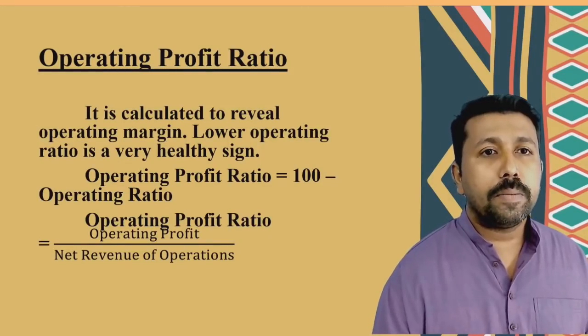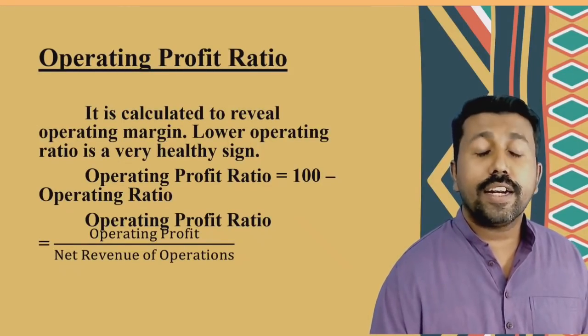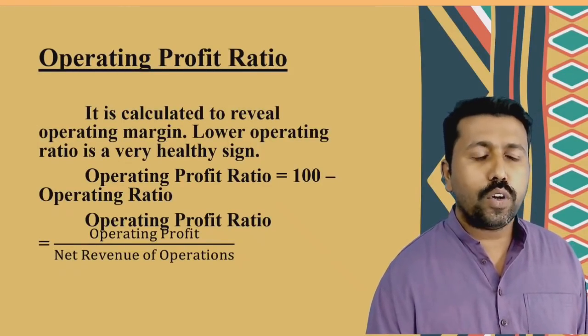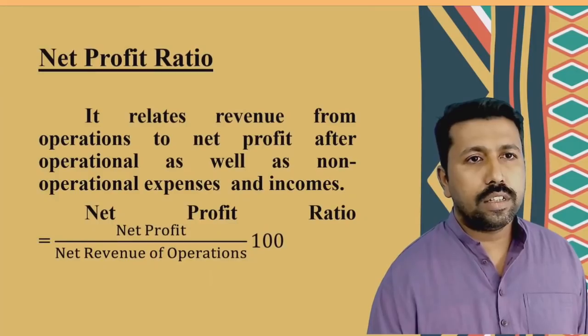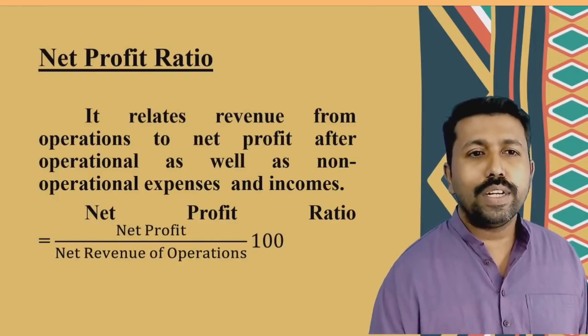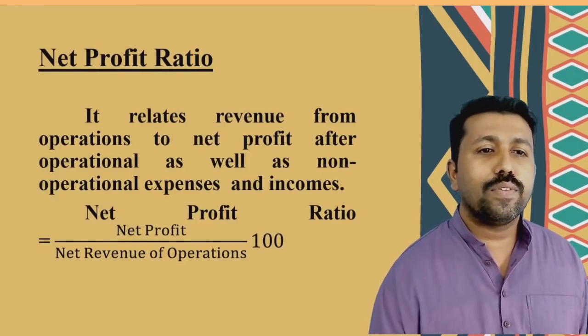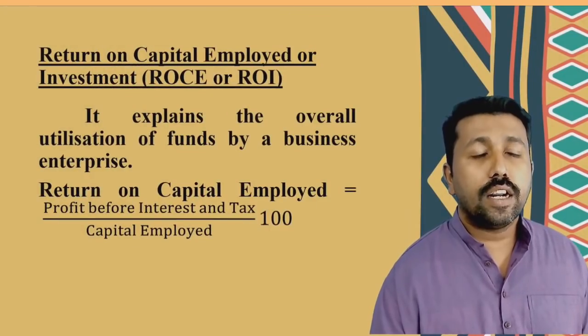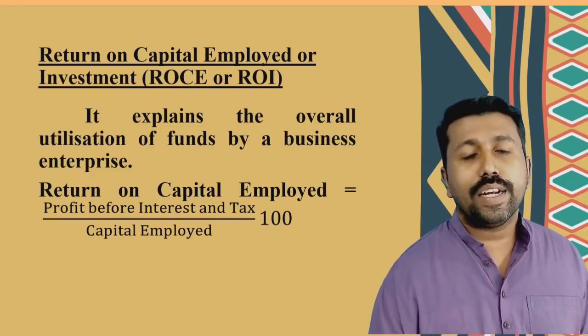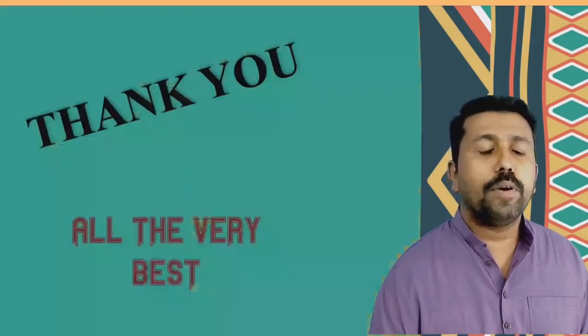Then operating profit ratio, simply we can calculate 100 minus operating ratio, or operating profit divided by net revenue from operation. Net profit ratio is equal to, very simple one, net profit divided by net revenue from operation into 100. And last, very important, return on capital employed, ROI or ROCE. Equation is what? Profit before interest and tax divided by capital employed into 100.